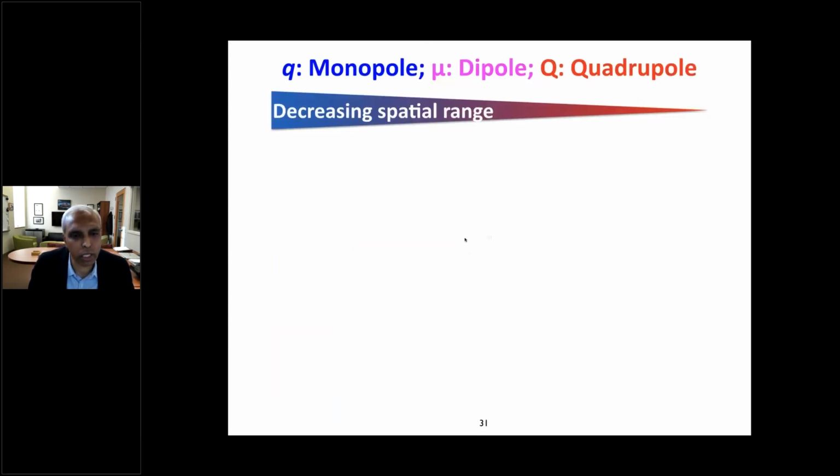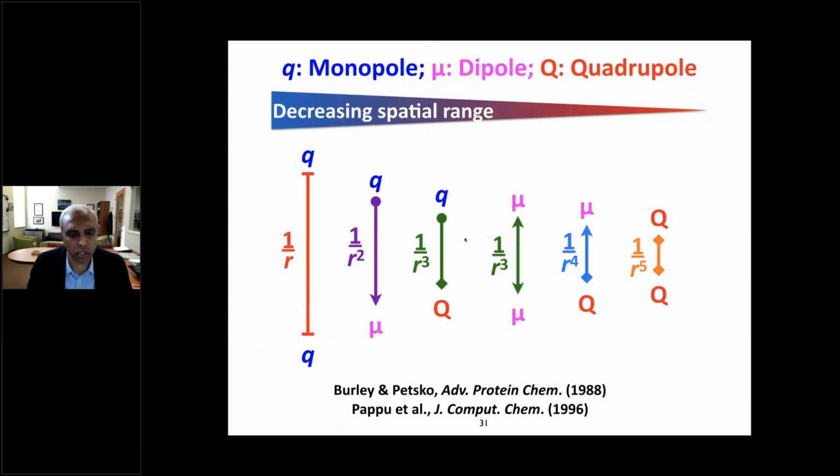The reason this becomes important is that one can write out a hierarchy of interactions whereby charge-charge interactions go typically as 1 over r, charge-dipole interactions go as 1 over r squared, and so on. And so the hypothesis becomes that having stickers that can encode this hierarchy of interactions enables drawing the molecules together at long range and also provides the specific cohesive interactions that define crosslinks between stickers by way of short range interactions.